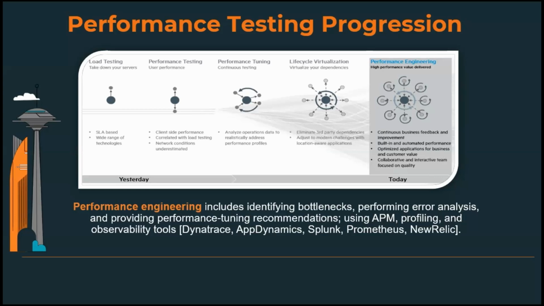Over the period of time, they came up with user performance, the client-side performance testing. In some cases they'll say it's okay, we just need the performance of the API. But in other cases they'll say no, we want to see how it is in the UI also, how much time the page takes to load, how the UI is performing. That happens at the client end, and it is called client-side performance.